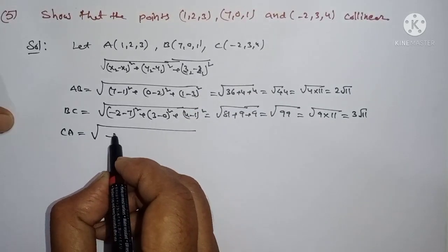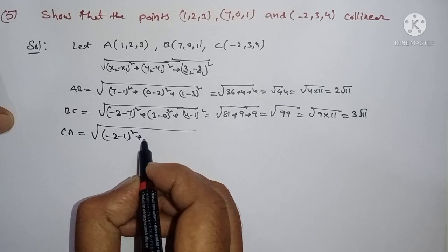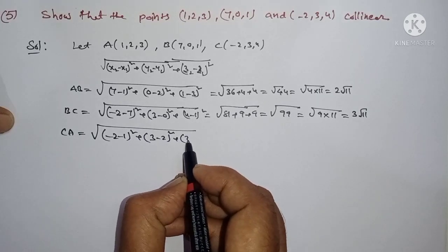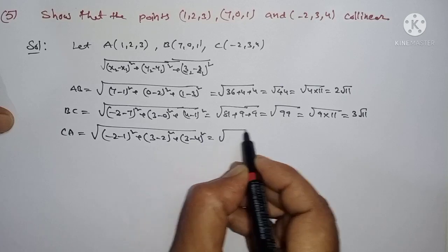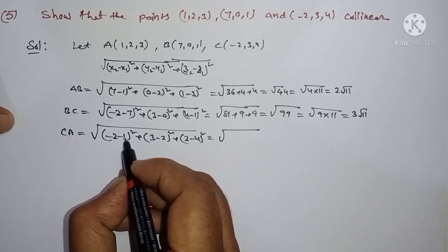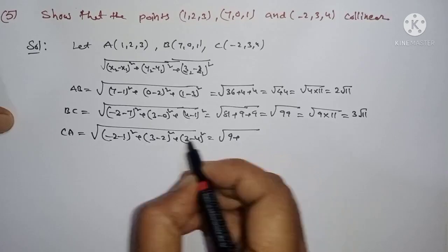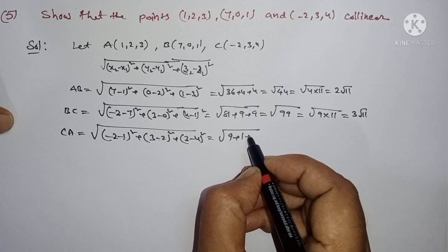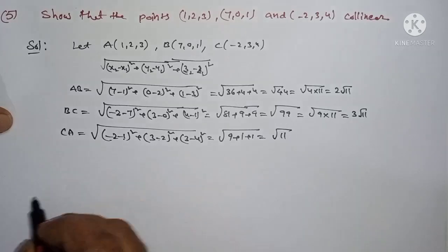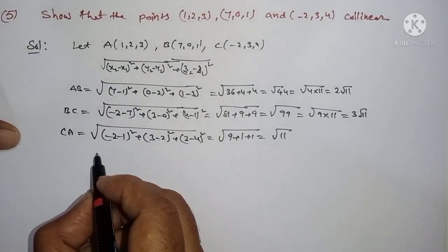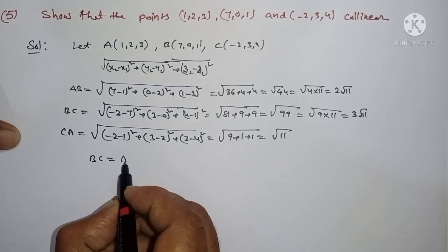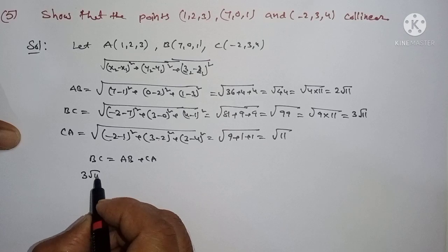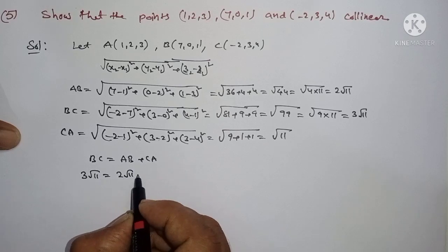is minus 2 minus 1 whole square plus 3 minus 2 whole square plus 3 minus 4 whole square. The minus 2 minus 1 is minus 3 whole square, which is 9. Then 3 minus 2 whole square is 1, and minus 1 whole square is 1, so it is root 11. Therefore I can write here BC is equal to AB plus CA: 3 root 11 is equal to 2 root 11 plus root 11.